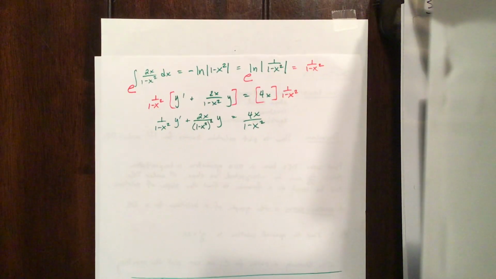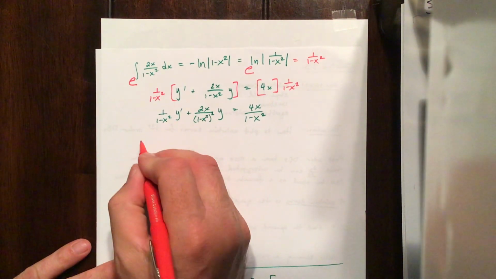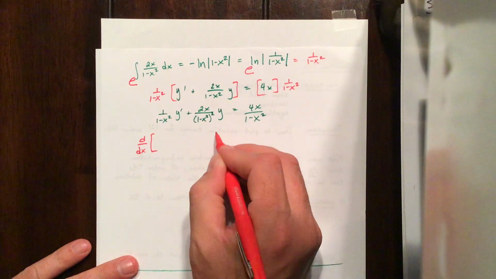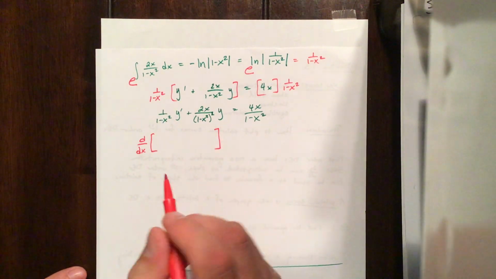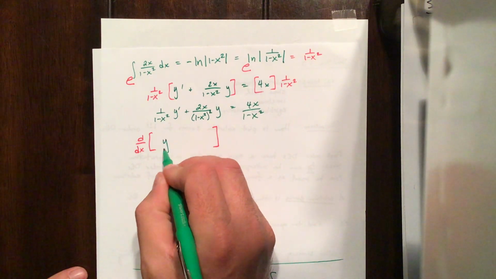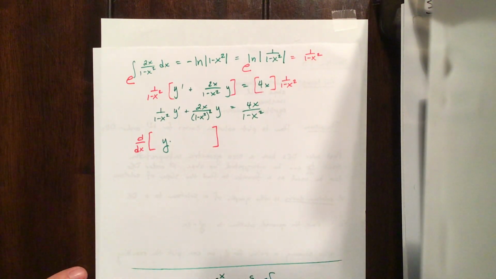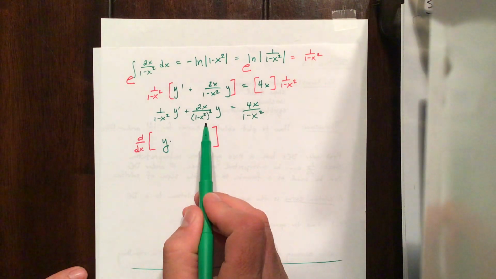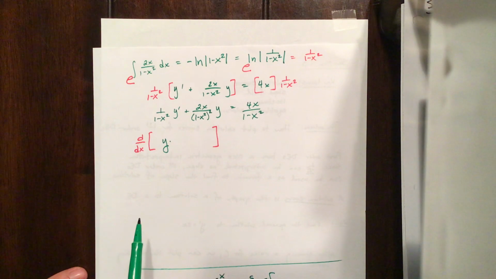Get rid of this so you guys can just not be distracted by that. Okay, so at this point, I know that if I did everything right, the left-hand side is the derivative of a product. One of those elements of the product has to be y. Okay, what's the other one? Is it 2x over 1 minus x squared all squared, or is it 1 over 1 minus x squared?